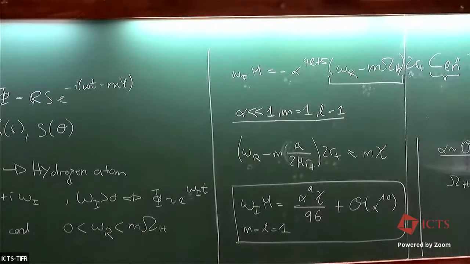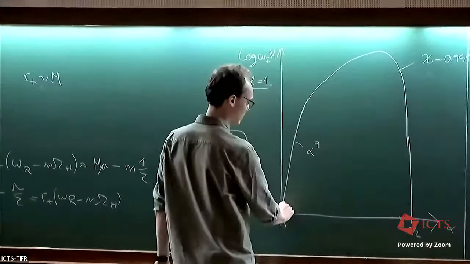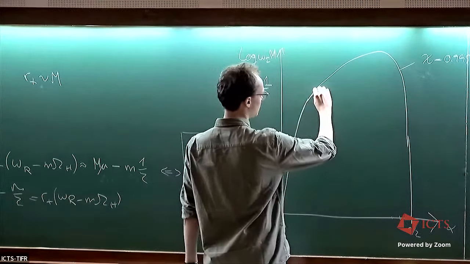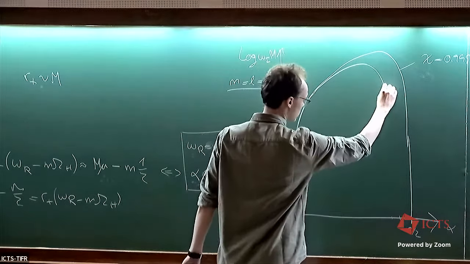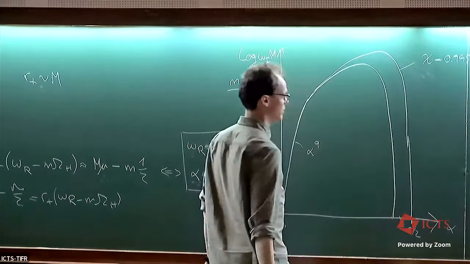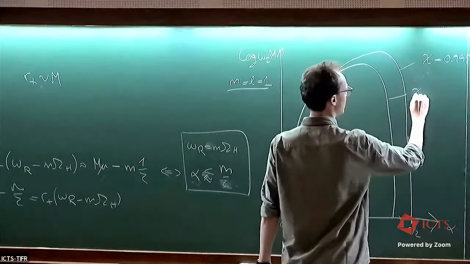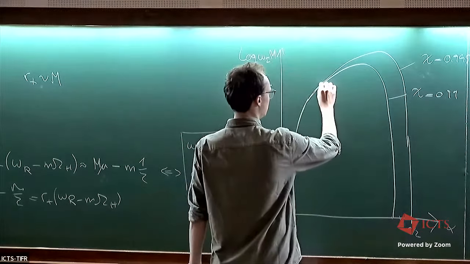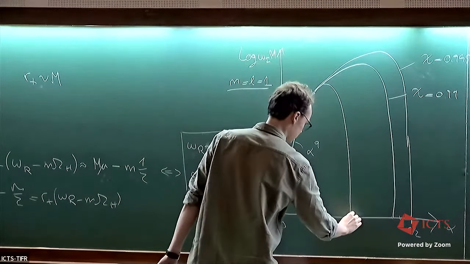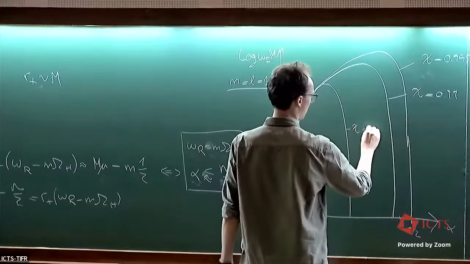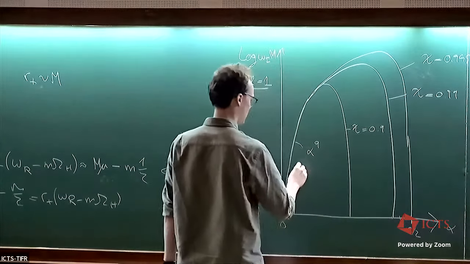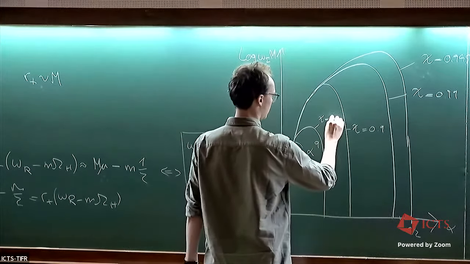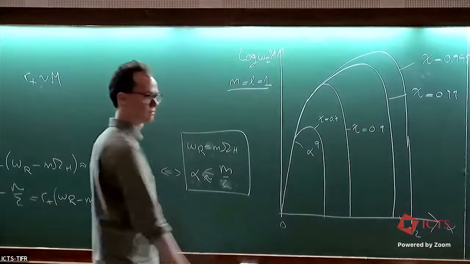And so at small alpha, these lines are basically on top of each other for different spins. But then at larger alpha, they differ and then go down. So this could be chi 0.99, and then you get a different line for chi 0.9, and then yet another line for chi 0.7, and so on and so forth.